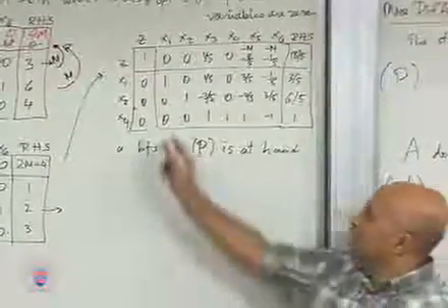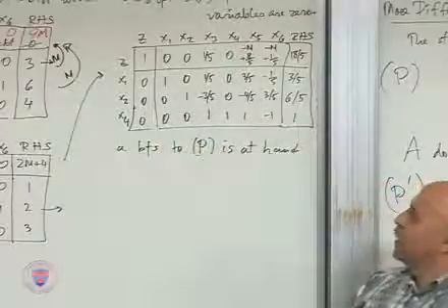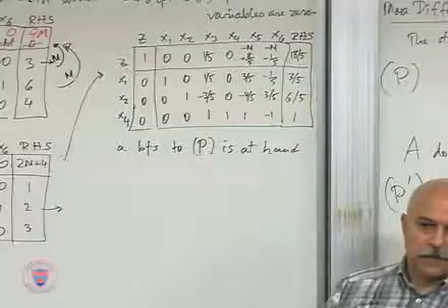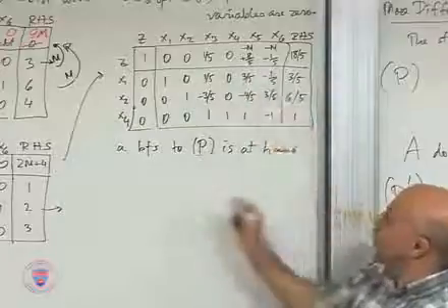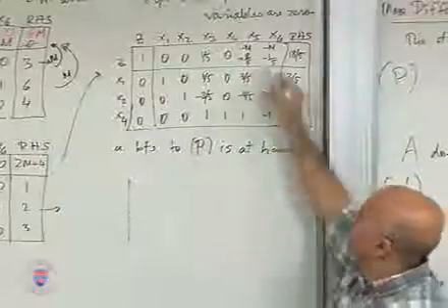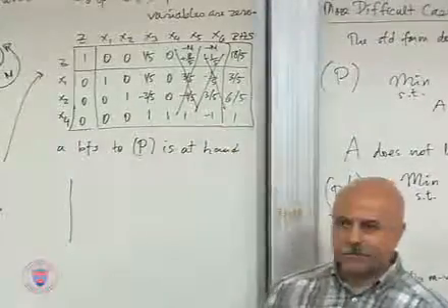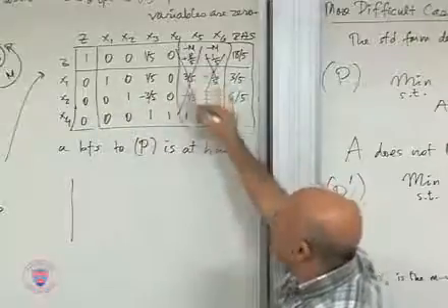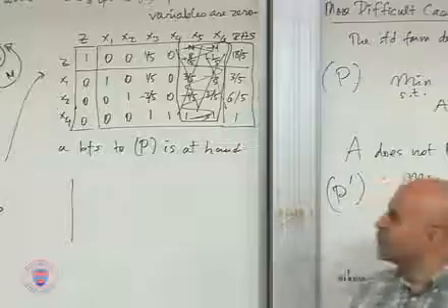What is it? x1 is 3/5, x2 is 6/5, x4 is 1, x3 is 0, x5, x6, they have no business, they are 0. So you drop those two columns. I'll just drop it here, erase them. And you work with the persisting columns.